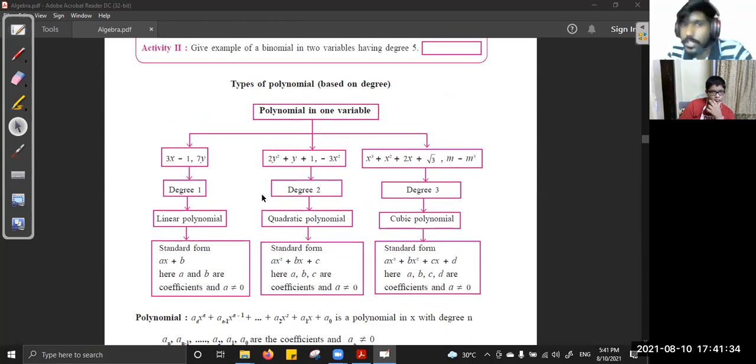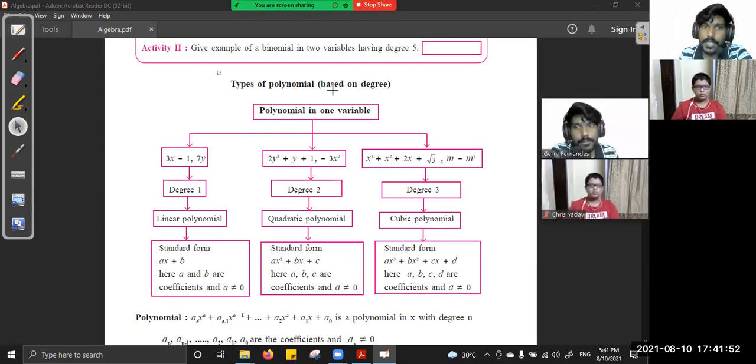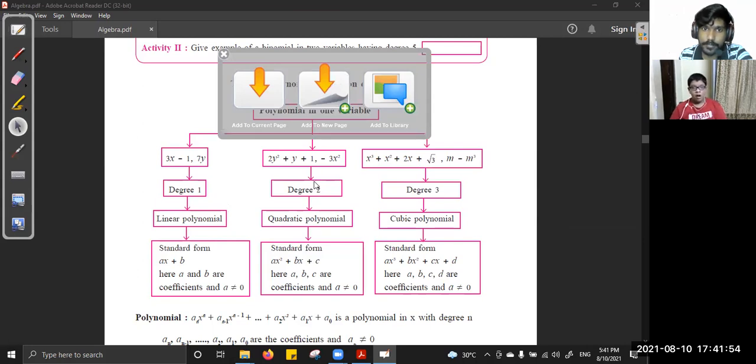Okay, so previously you saw the classification of polynomials, or different types of polynomials based on terms. If there is one term, monomial; if there are two terms, binomial; if there are three terms, we call it trinomial. Now here we'll see types of polynomial based on degree.